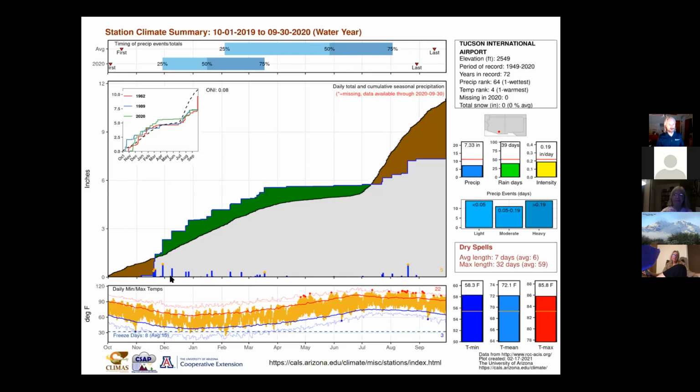Going back here, we actually had a quite splendid winter with very wet conditions. These little orange dots are record daily precipitation totals in November of 2019. And then the spacing of the precipitation was frequent, with decent amounts all the way through March and a little bit into April, and then we're done.